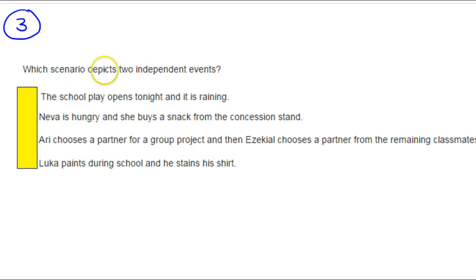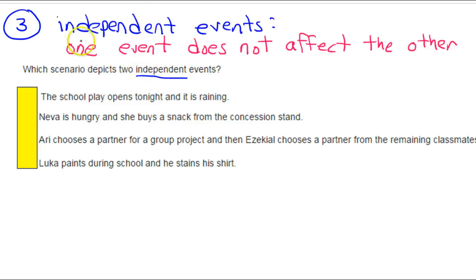Okay, which scenario depicts two independent events? If you have two events that are independent, then one event does not have any effect on the other. All right, look at the first option. The school play opens tonight and it is raining.